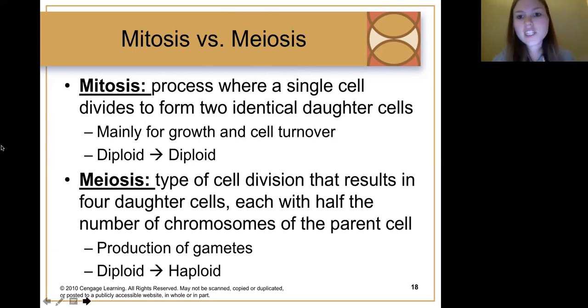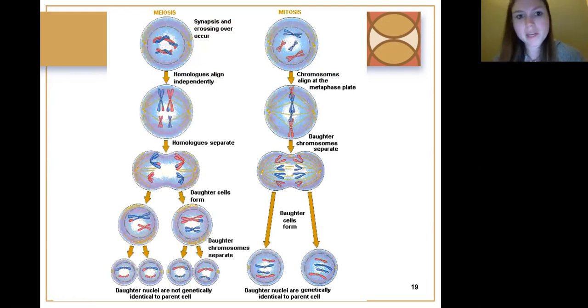Just to further show you, you're not going to need to draw this or anything crazy like that, so don't get overwhelmed by this picture. It's just to show you the process of how that's happening and what you end up with. Here you have mitosis on the right. It's diploid, so you see you have your pairs of chromosomes, in sets of 2.